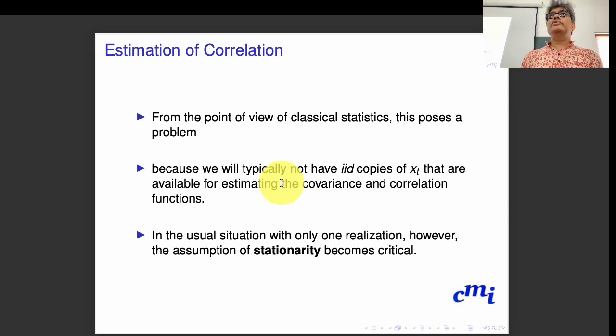For most distributions we don't know the multivariate version. So that is the problem that I am talking about here. So in this situation, stationarity becomes a critical assumption. That is where stationarity works perhaps.